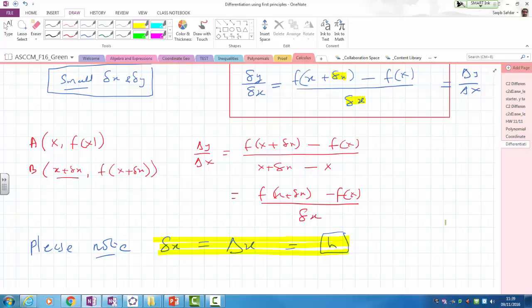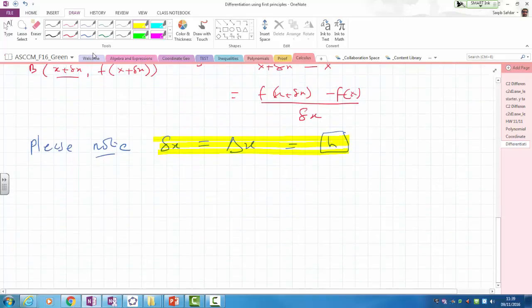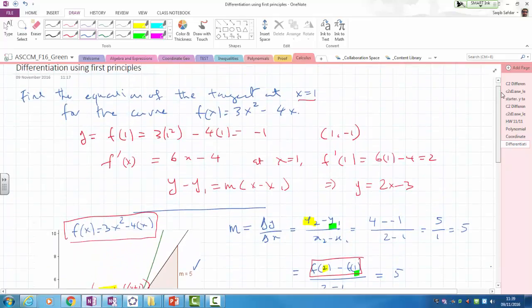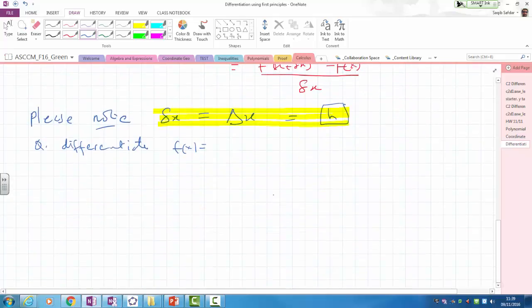All right, given that we've got this formula, let's now try to differentiate. So let's look at a question. Differentiate f of x equals 3x squared take away 4x using first principles.